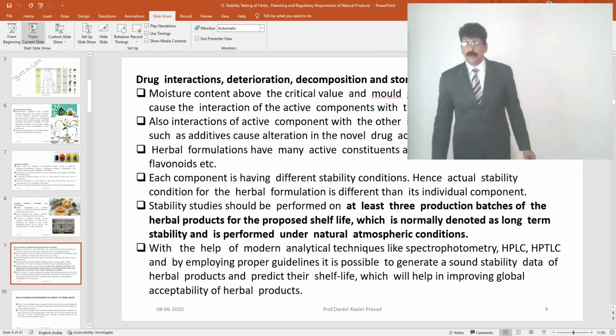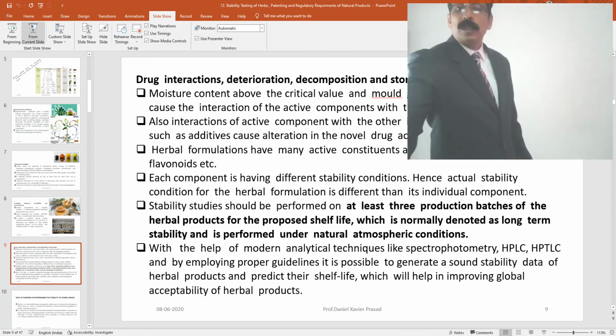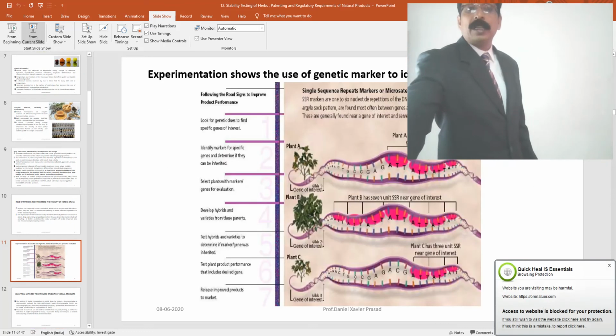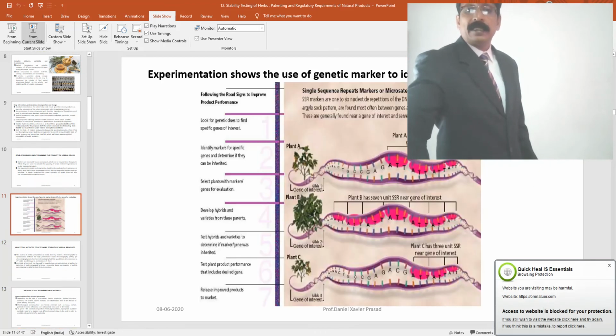Even storage I have added, and the role of markers I also covered in last year's chapter with 2 slides.